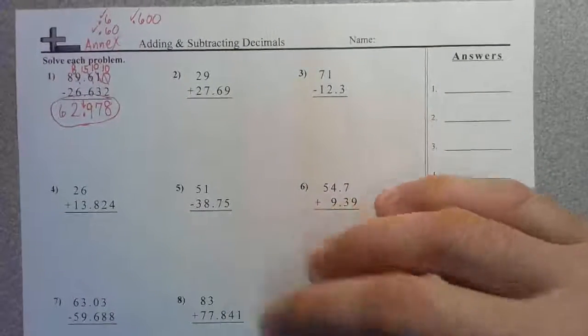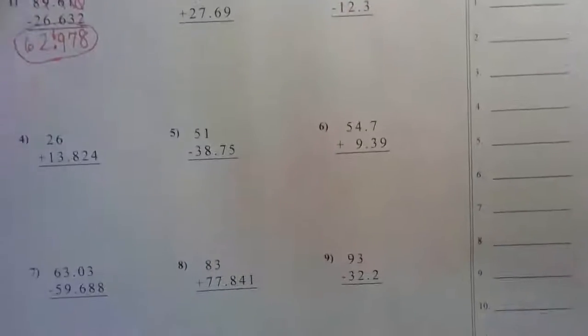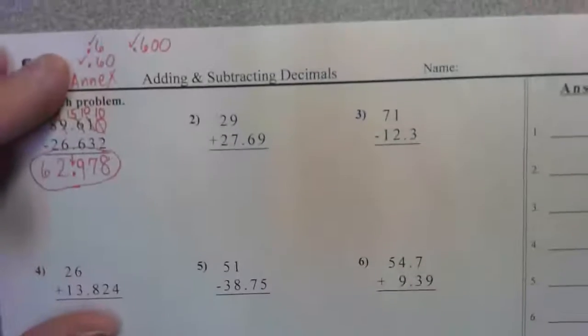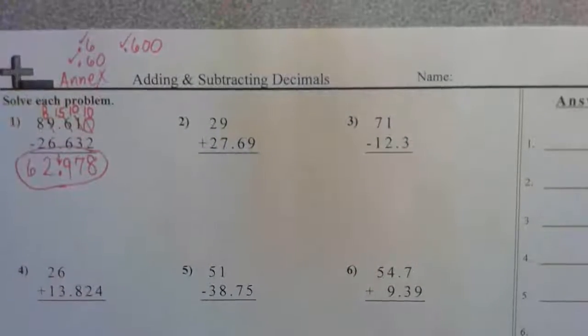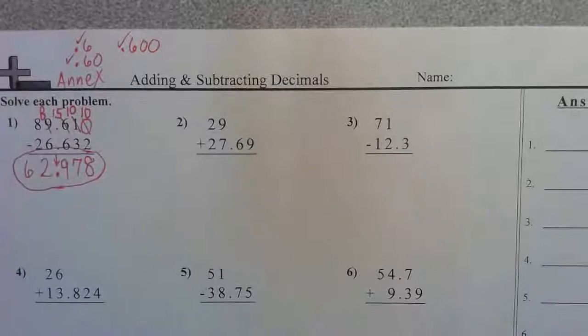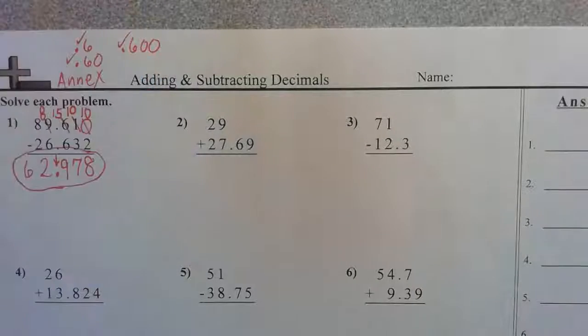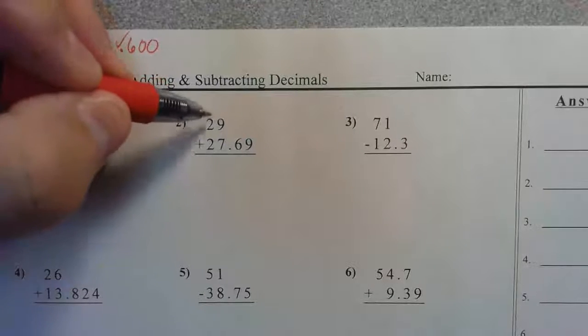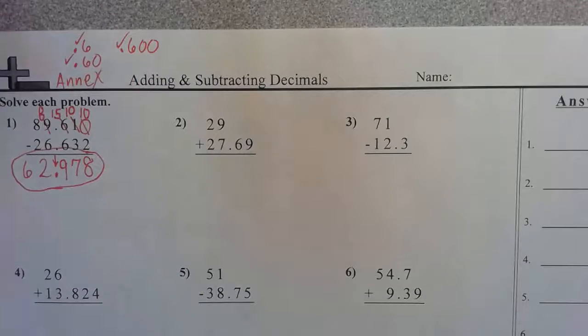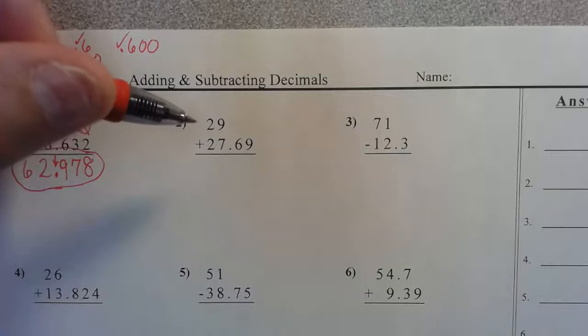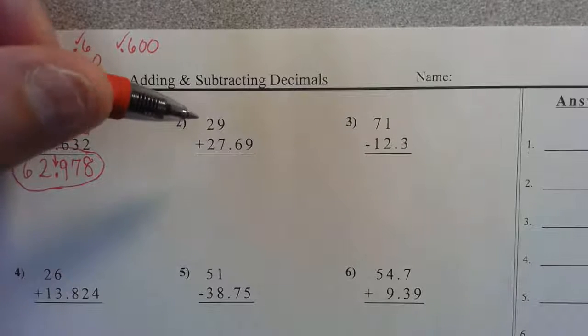All right. Now, the second one right here is what I really wanted to cover, because some of us were confused yesterday on this part. Aiden, will you face the front, both of you? Sailor? All right. Some of you say, well, there's no decimal there. Well, this is a whole number. Hopefully you see that 29 is a whole 29.